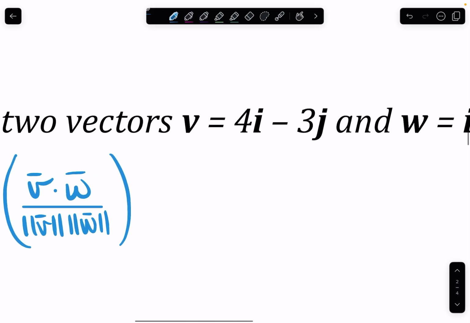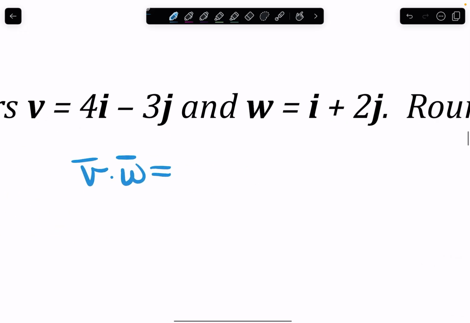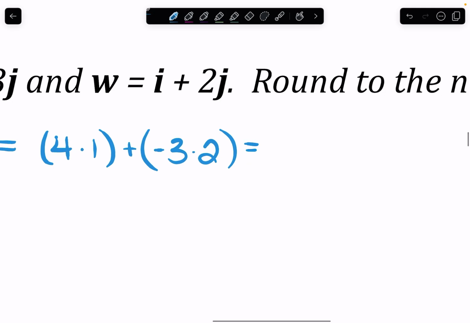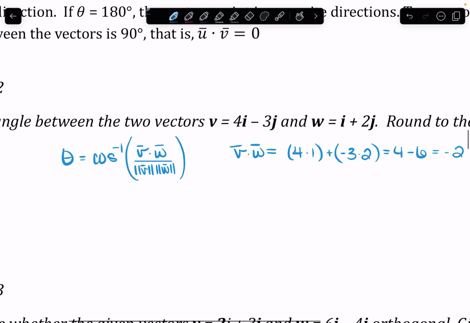So the dot product of v and w, I'm going to find first. That is the product of the i components, 4 times 1, plus the product of the j components, -3 times 2. That is 4 plus or minus 6, so -2. For the magnitudes, I'm going to find the magnitudes individually.